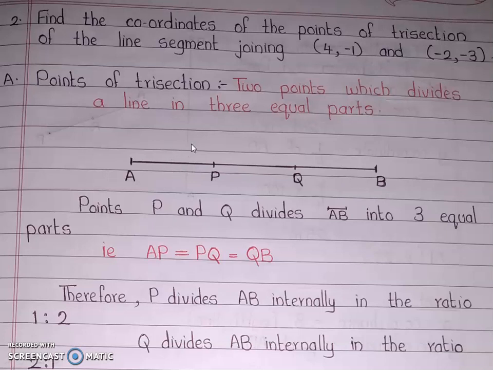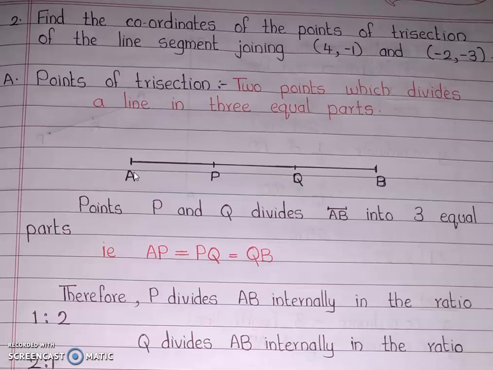Now, if I say all are 1 centimeter, 1 centimeter and 1 centimeter, the distance between A and P is 1 centimeter. What will be the distance between P and B? It will be 2 centimeters, isn't it?